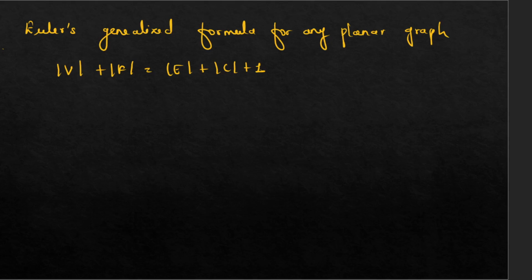V is the number of vertices, F is the number of faces, E is the number of edges, and C is the number of connected components.